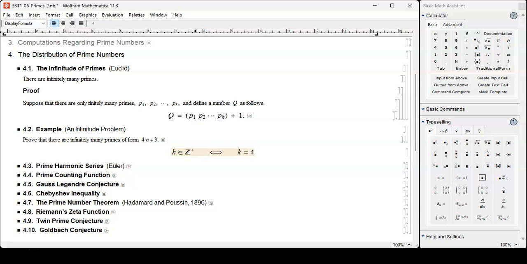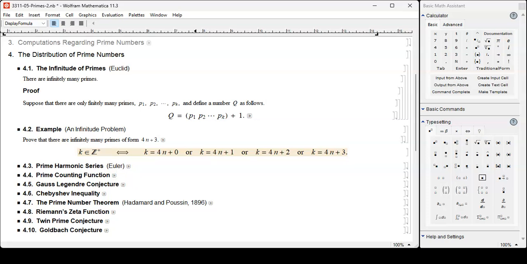So k is of the 4n plus 0 form, remainder 0, or 4n plus 1, or 4n plus 2, or finally 4n plus 3.